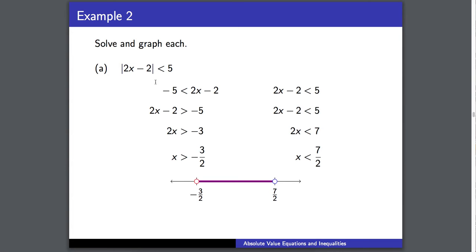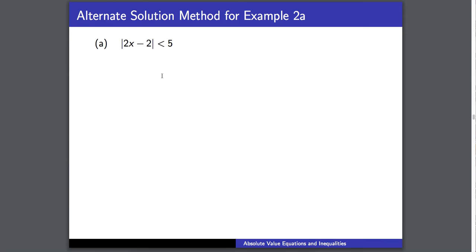Now, that being said, there is another way that we can solve inequalities, and it's something that I like to use a lot because it allows you to solve many different types of inequalities, not just absolute value inequalities, but other kinds that we'll be looking at in this course as well. So I'm going to give you an alternative method to solving this example.